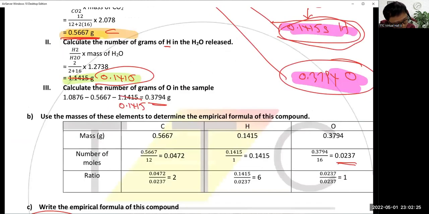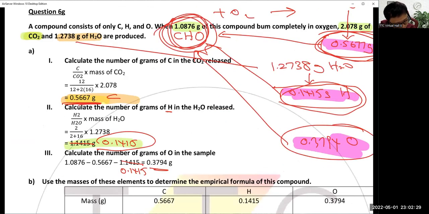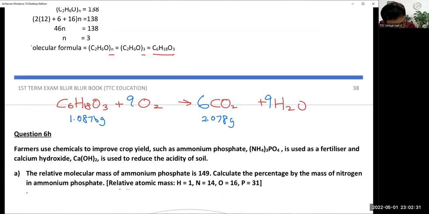Then the water is 1.2738 gram. I'm trying to reverse back the calculation. Okay, so now we try to find the number of moles.